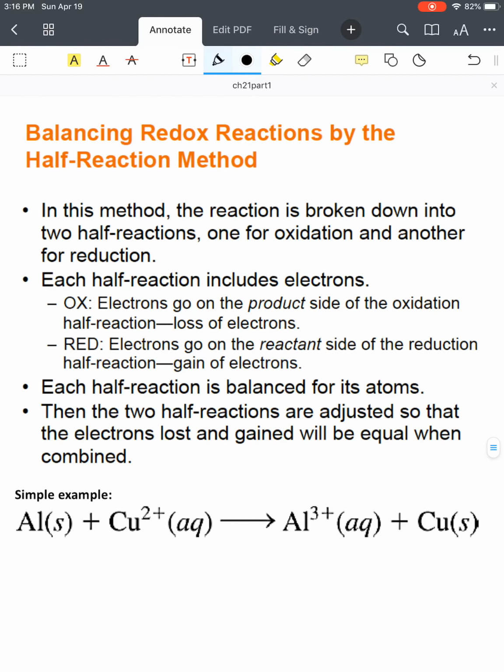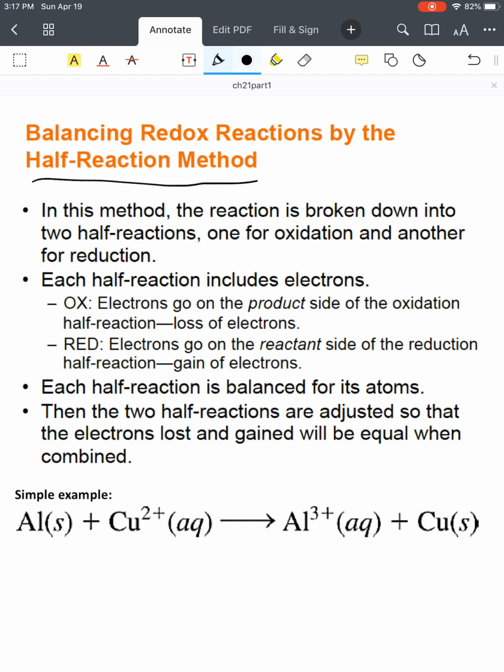And some of them can get chemically pretty complicated, at least their reactions look that way. But they all involve transfer of electrons. Now, to balance them, we really need to be able to pick out what's being oxidized and what's being reduced, because we're going to have to separate the overall reaction into what's called half reactions, okay?